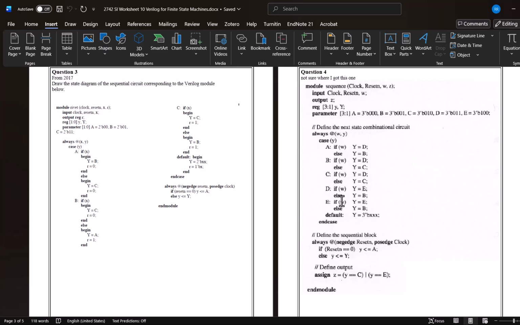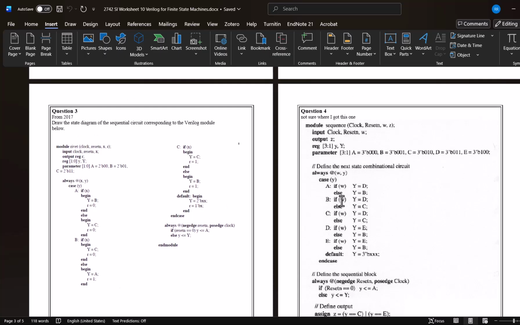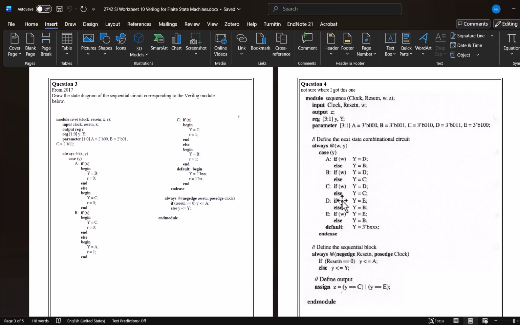Okay, good question. First of all, the first always block doesn't actually ever make any changes. Well, it does do the output, but it just says what the next state is going to be. If you look at the code up here, we have that output reg r, that is an output, so that is changing right there.